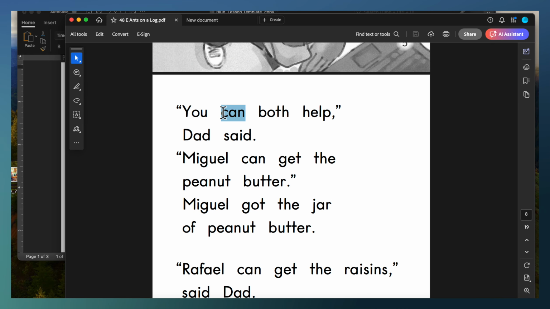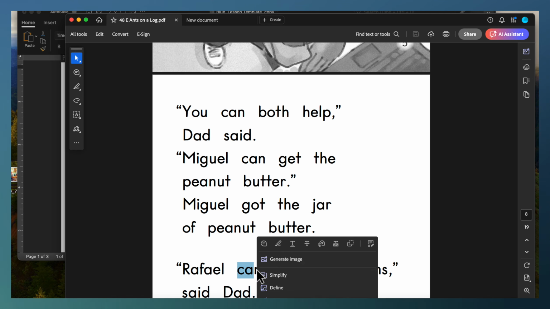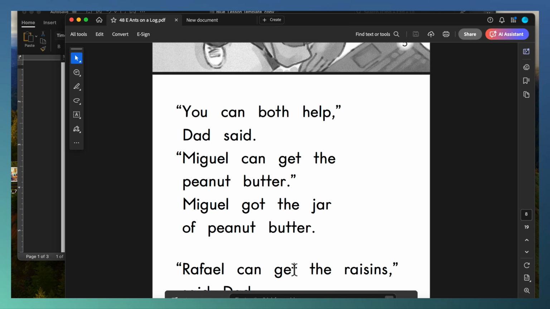Another piece of verb morphology I see in this book is can. Okay, so there's lots of can. We could have a quick mini lesson on how to use the word can. So it's can plus the present tense base form of the verb.